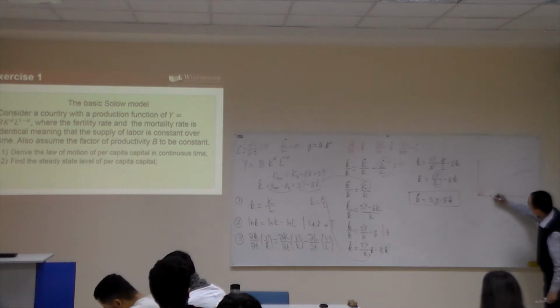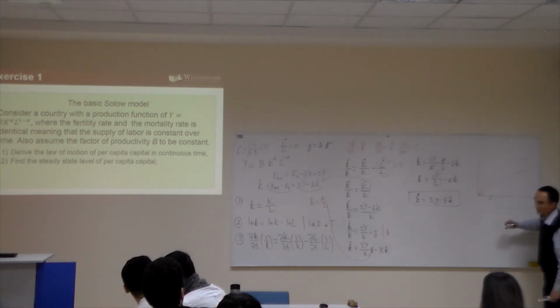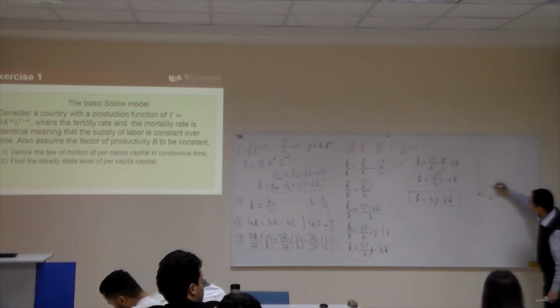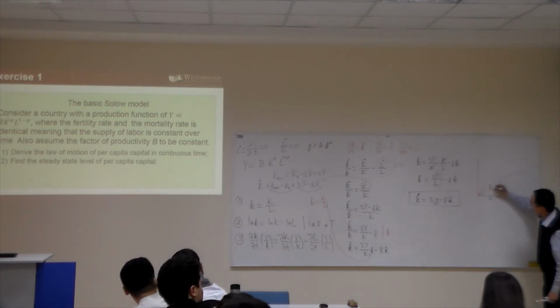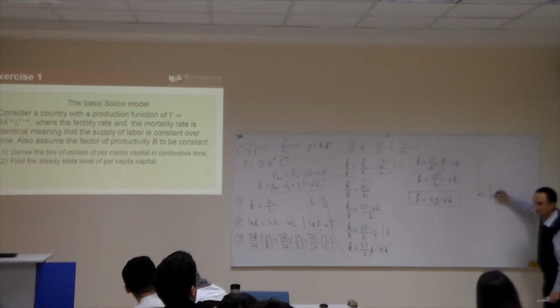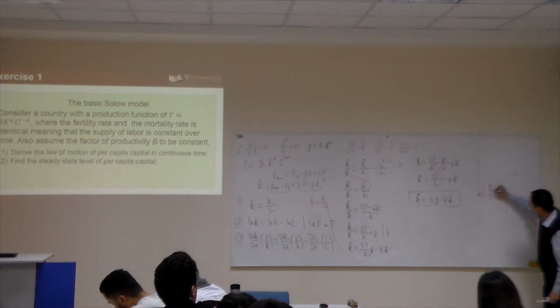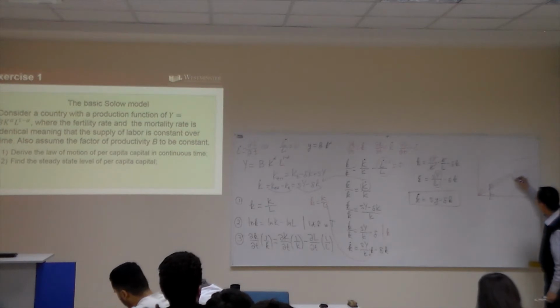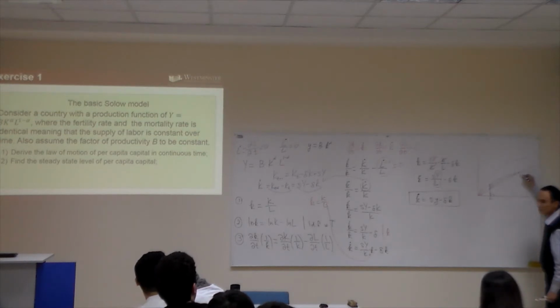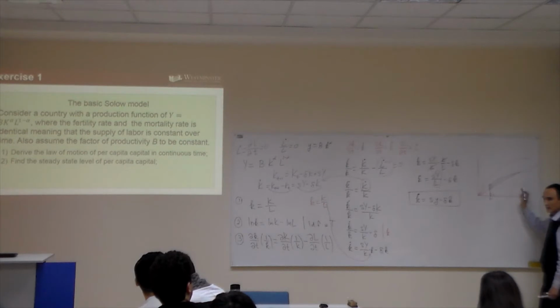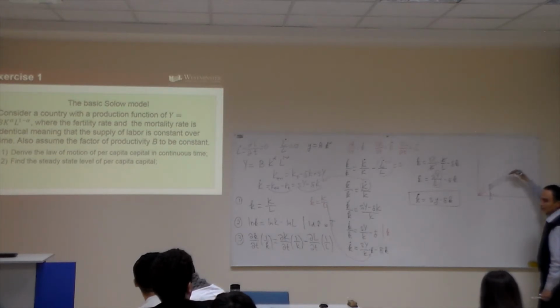So now if our capital was somewhere here, because investment was greater than depreciation, next year the change is going to increase capital. And it will continue until this point. Capital will be growing. And if capital grows, output also will be growing, right?